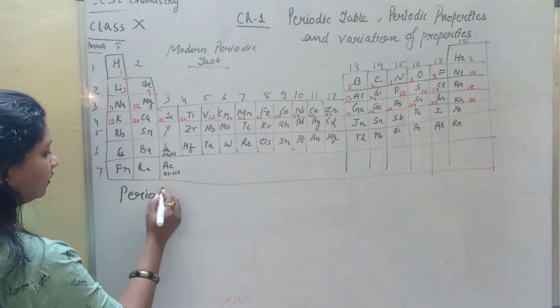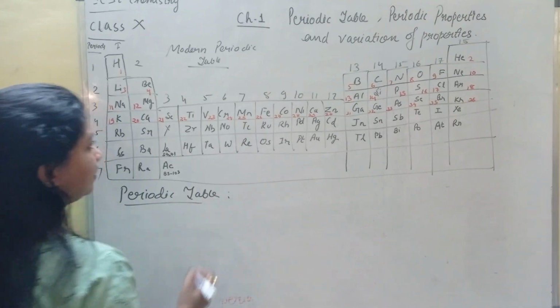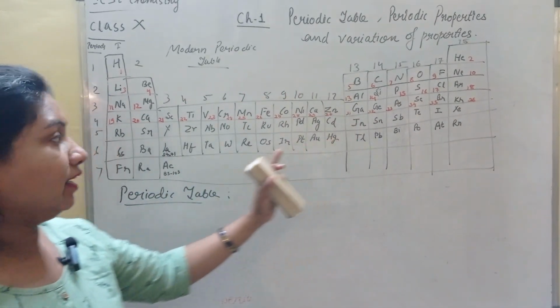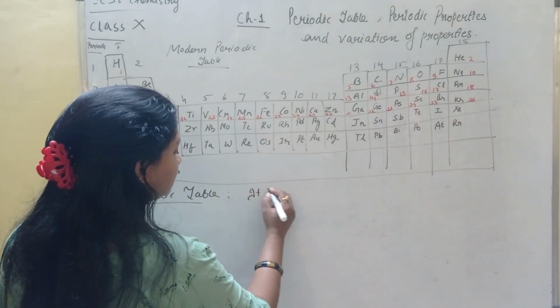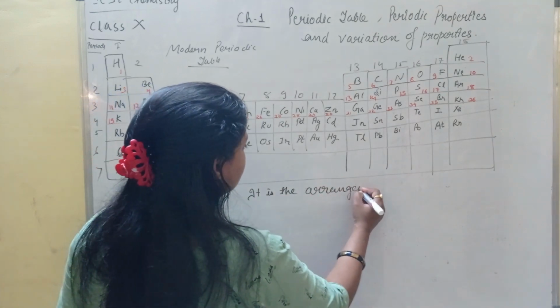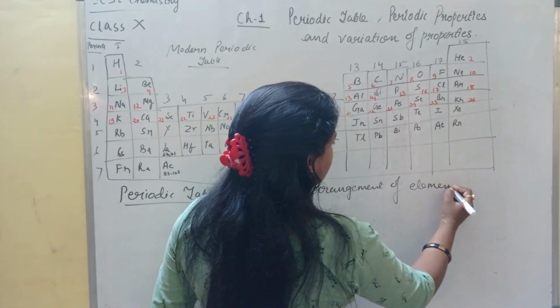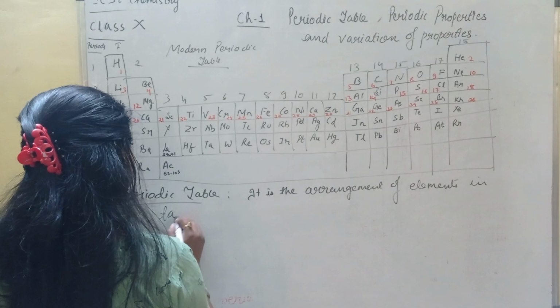Periodic table. So periodic table is the arrangement of elements in tabular form.